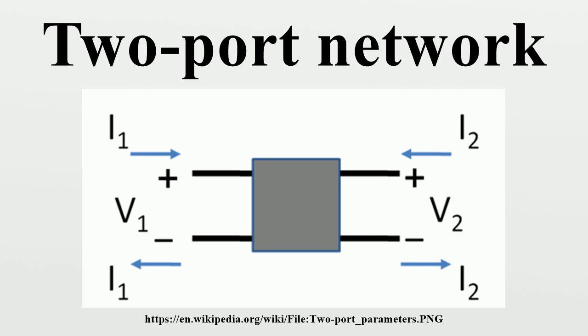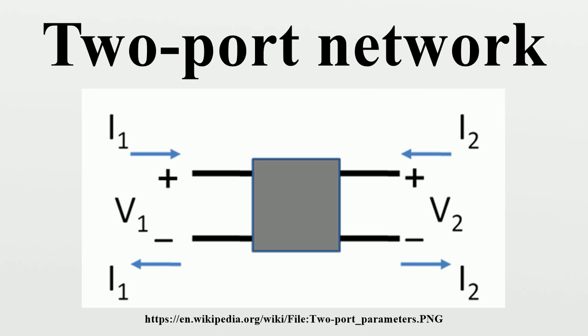The negative sign for G12 reflects the convention that I1, I2 are positive when directed into the two-port. A non-zero value for G12 means the output current affects the input current, that is, this amplifier is bilateral. If G12 equals 0, the amplifier is unilateral.